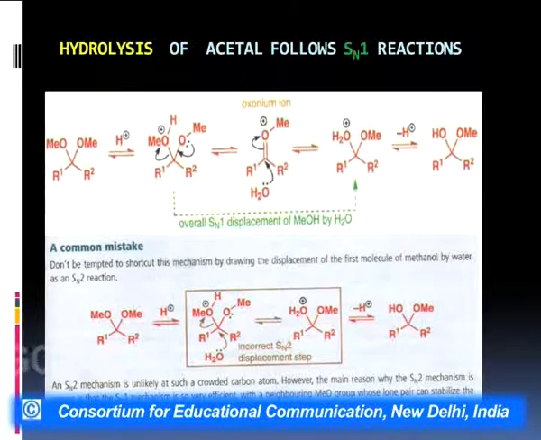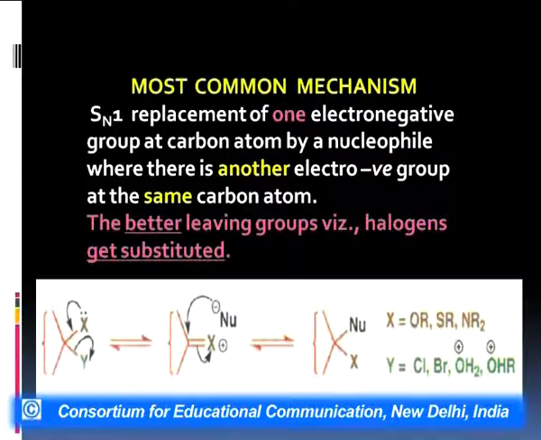Now I would like to quickly revisit, in this reaction slide, what I have shown: which of the two electronegative groups, X and Y, will be a better leaving group. We find that the less basic group will leave better.